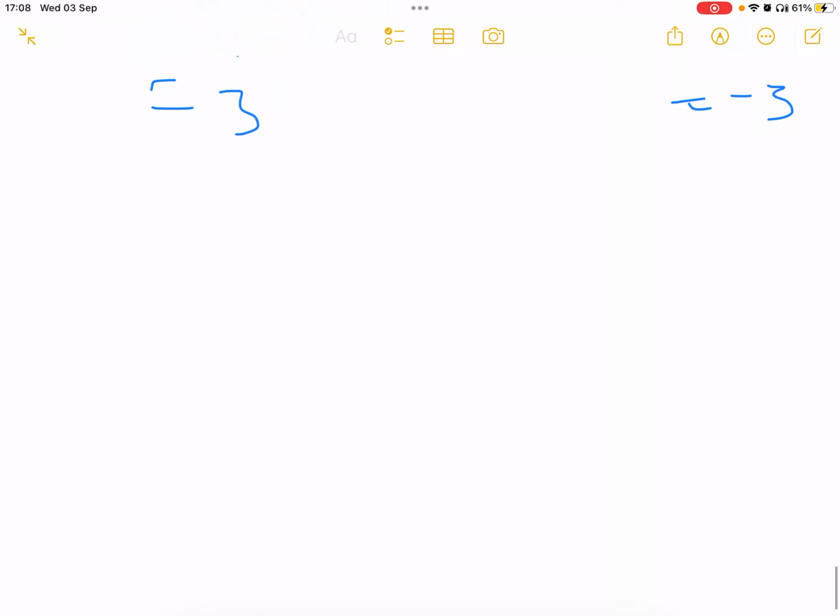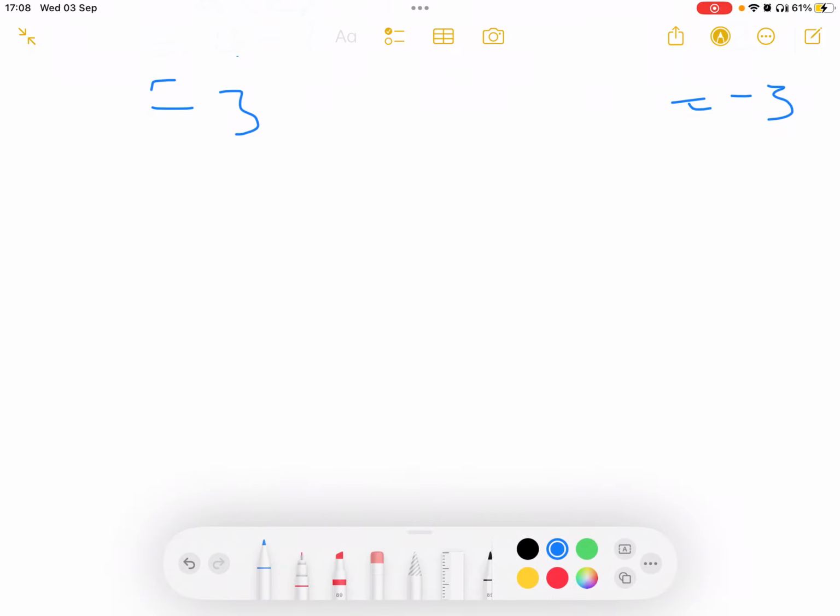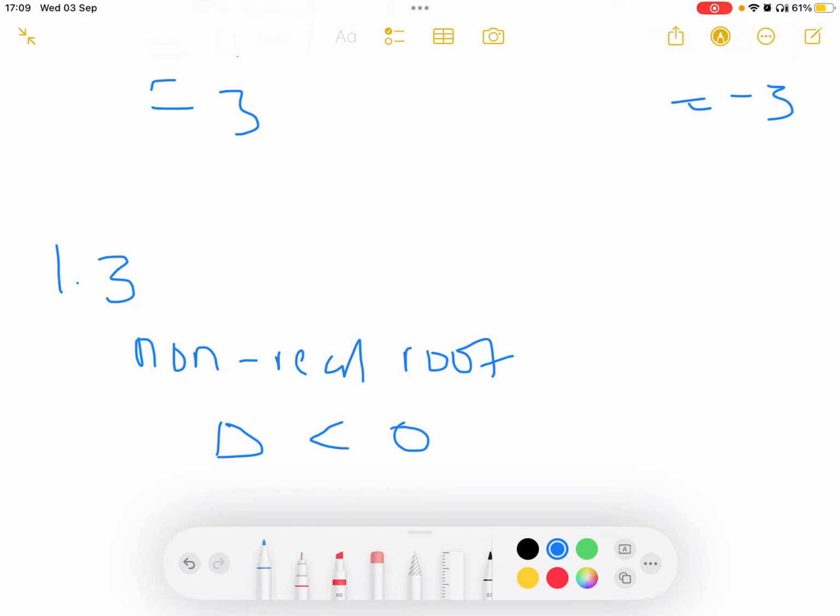Alright, we want to prove that something is non-real. First, what do you know about non-real? Now, when you talk of non-real roots, you're talking about a discriminant that is less than 0.